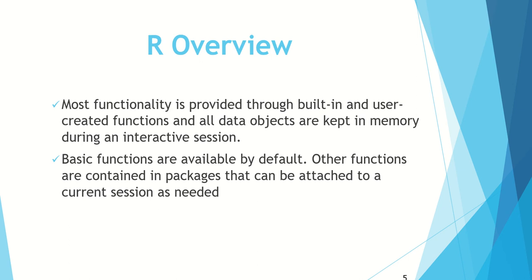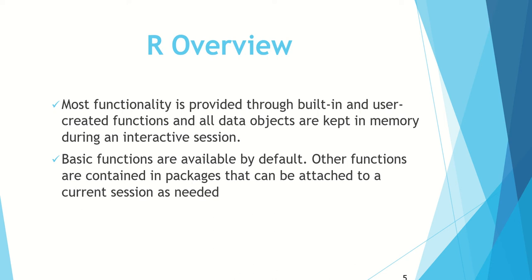As I mentioned to you, most of the functionality is provided through packages. And what are packages? Packages are nothing but a piece of code written to do some computation. R has a rich ecosystem of packages available mainly for data analysis, data visualization, and statistical tasks.